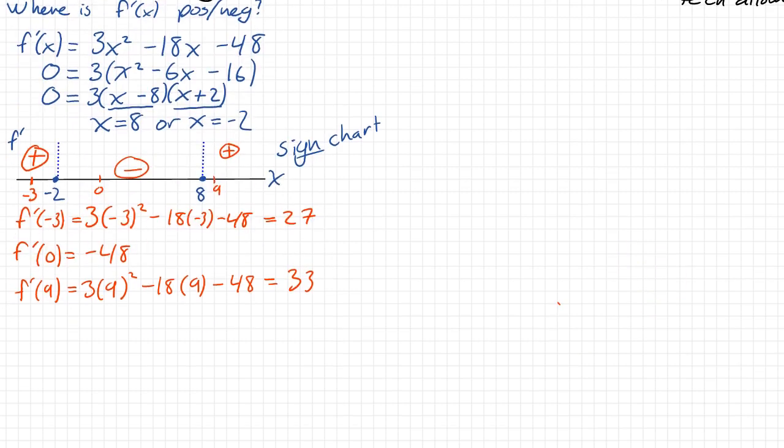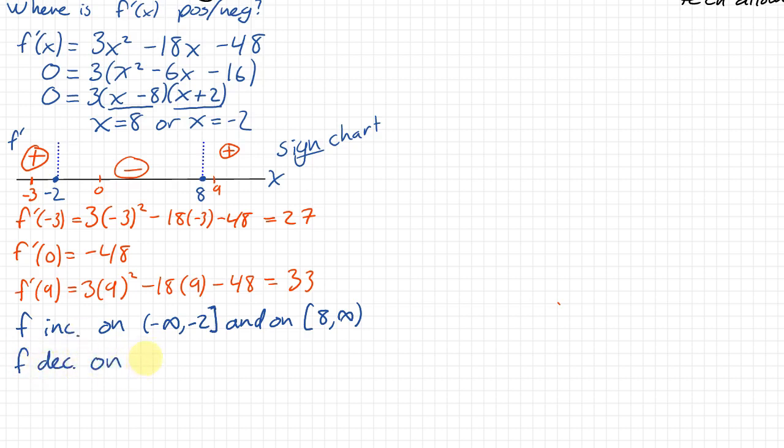So we could also say that f is increasing on the interval from -infinity to -2, and on the interval from 8 to infinity. And we can say that f is decreasing on the interval from -2 to 8. And you could use that to draw a decent graph of this function.